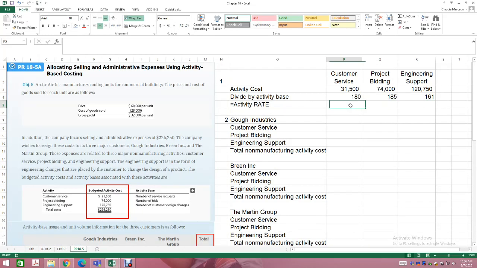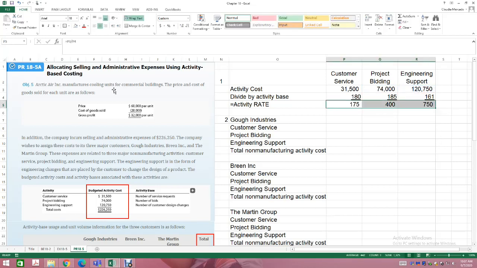Okay, and once we've got that, we're going to divide. We're going to divide the activity cost by the activity base to give you the activity rate. Okay, so 31,500 divided by 180. We're going to get the 74,000 divided by 185. And we're going to get the 120,750 divided by 161.